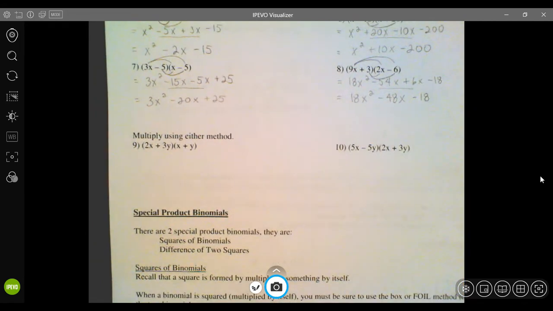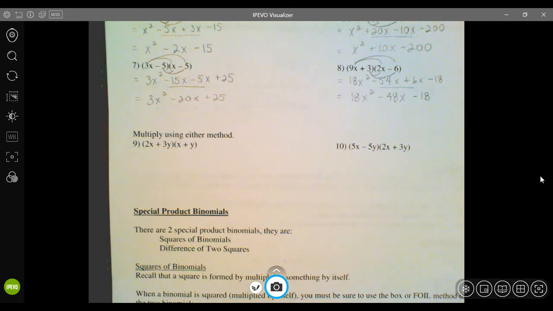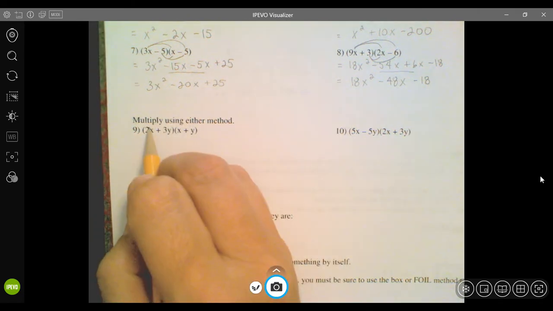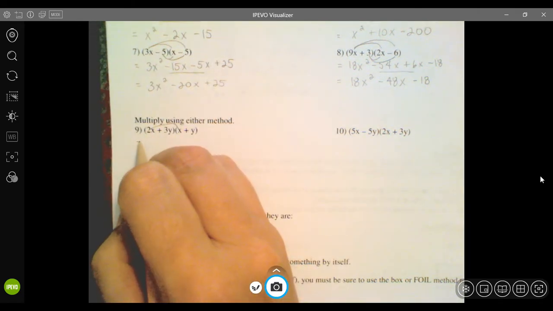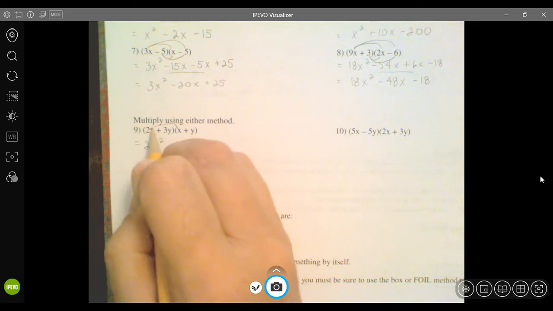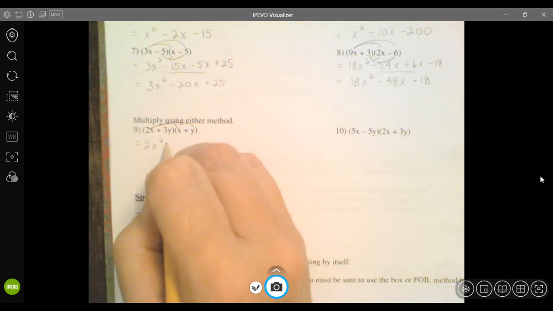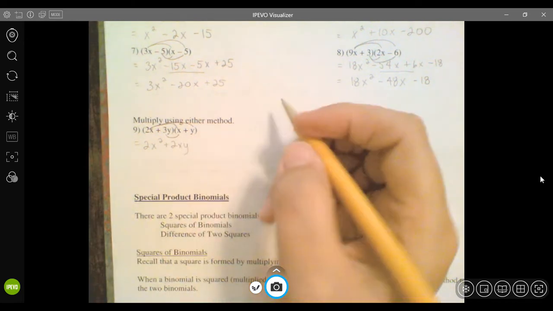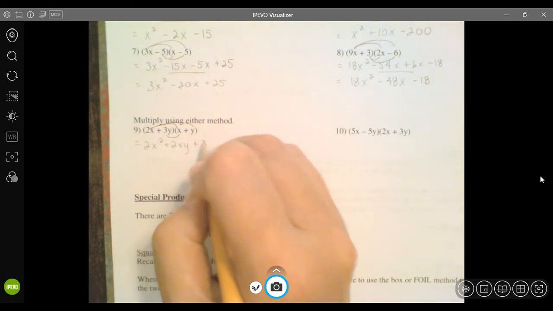Okay, 9 and 10. Multiply using either method. Well, the nice thing about the video is I can show you both methods. So let's look at these, shall we? I'm going to do FOIL first because there's nothing to write out. First times first is 2x squared. Outside times outside is 2xy. Inside times inside. So watch this.